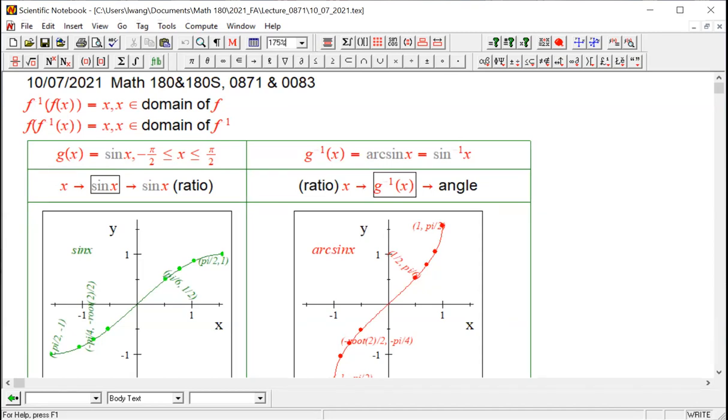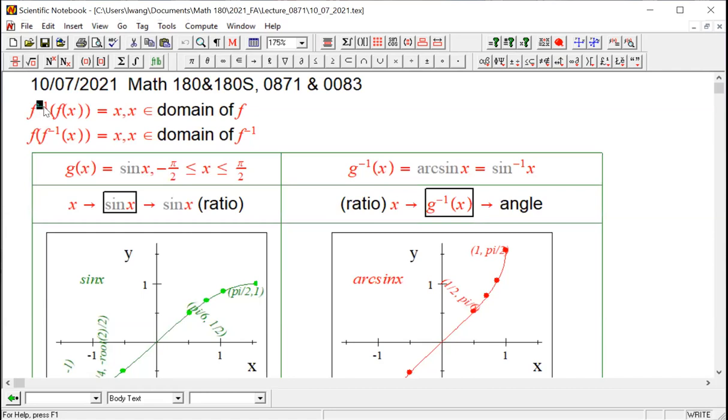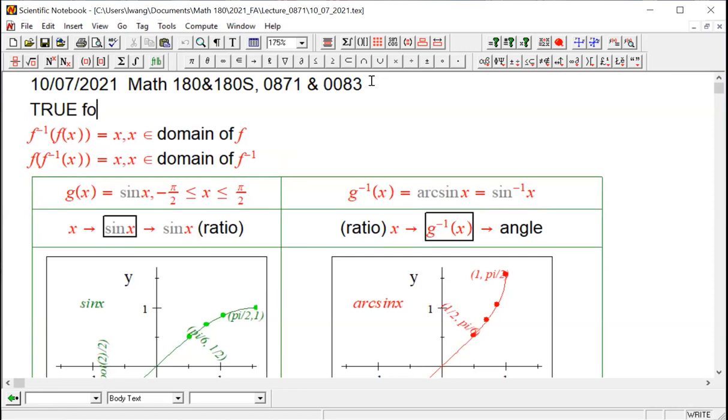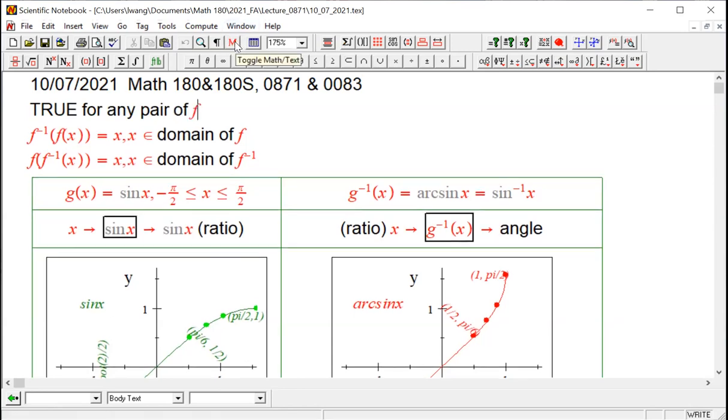So you get to see the -1 here. We see that for any pair of functions that are inverse to each other, this is true for any one-to-one function and its inverse, which is f inverse.